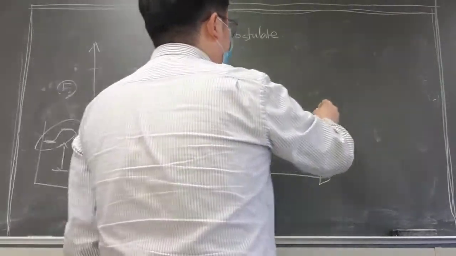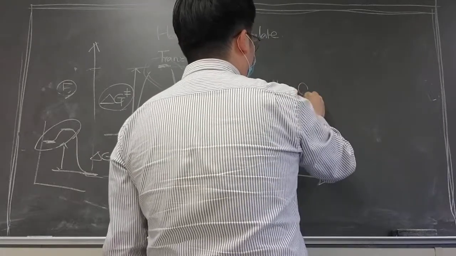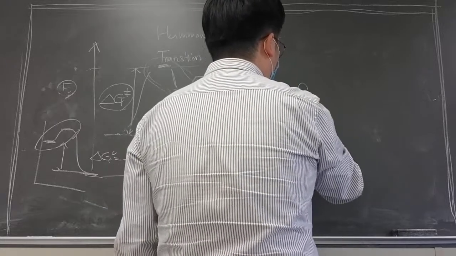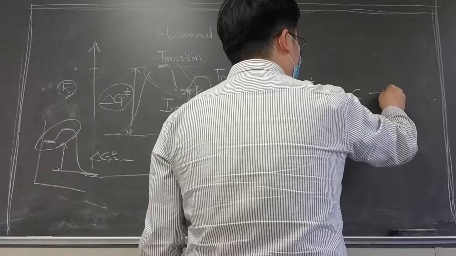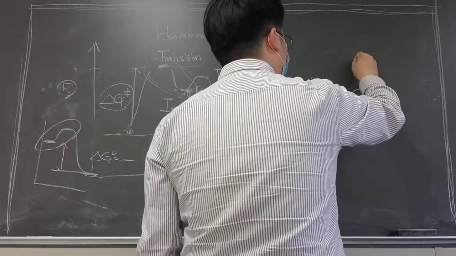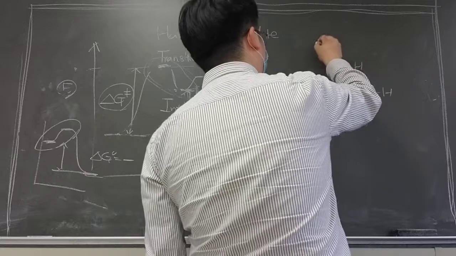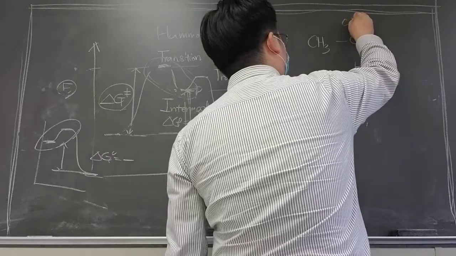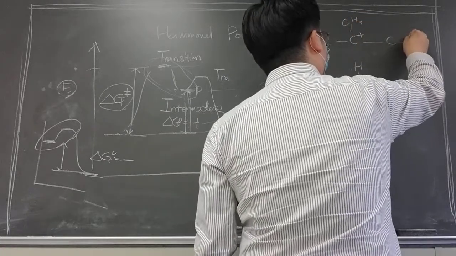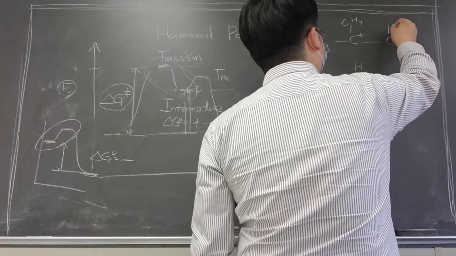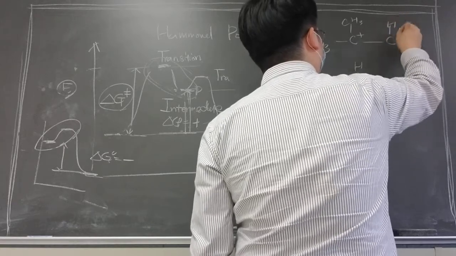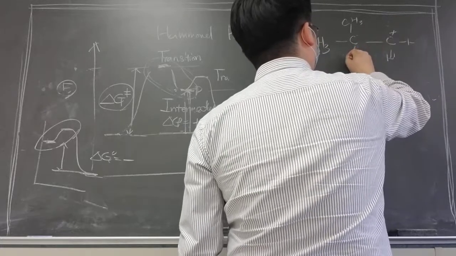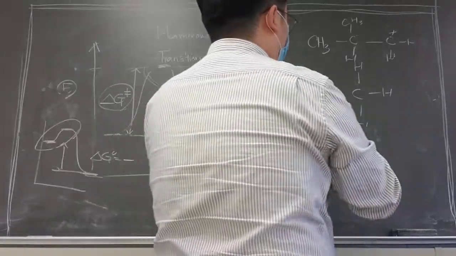So if that is true, as you know, having a carbocation here is much more stable than here. So this is why.